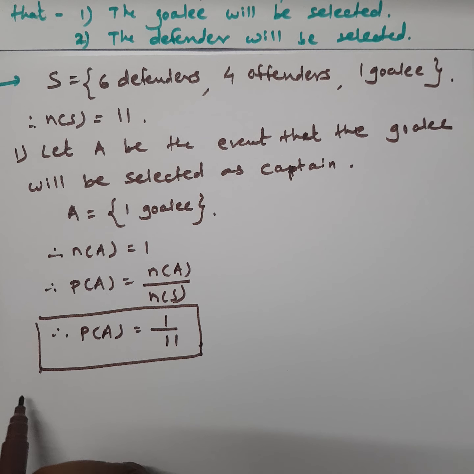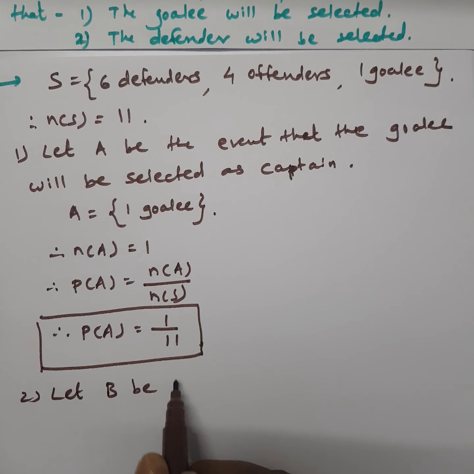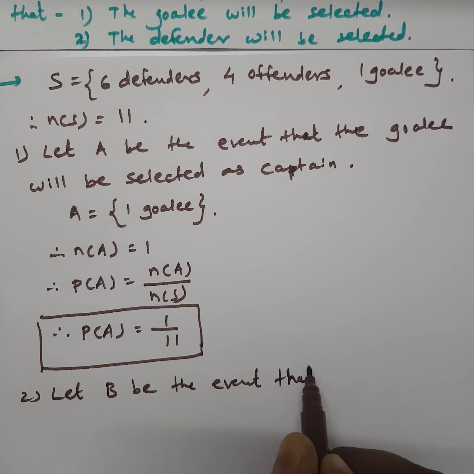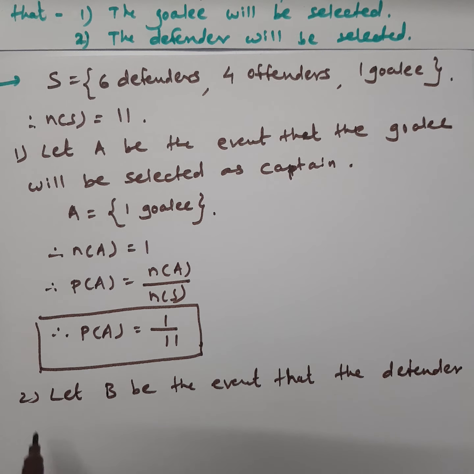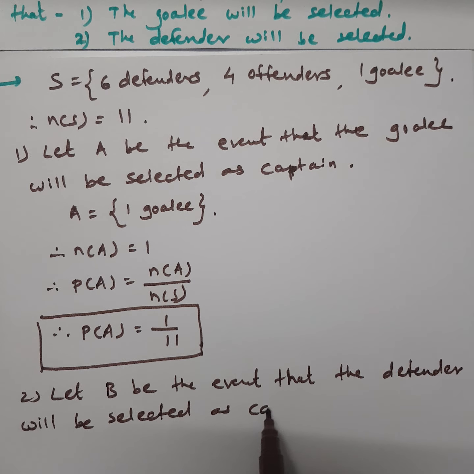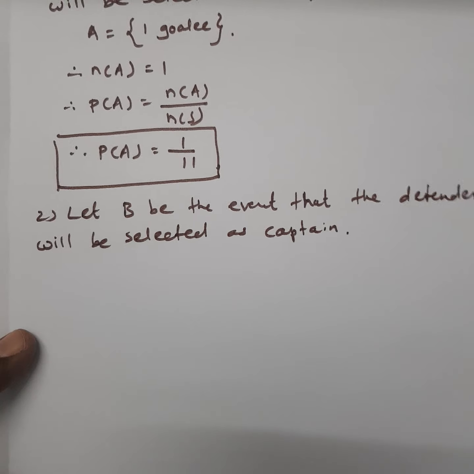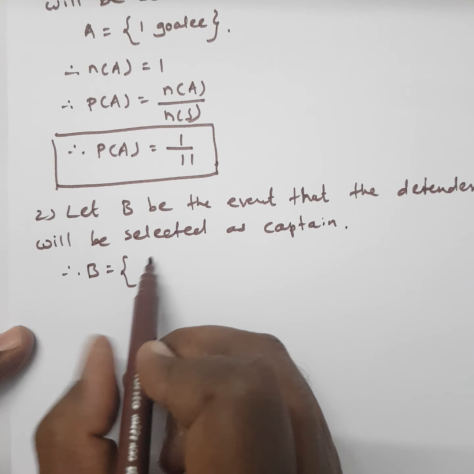Now, second, let B be the event that the defender will be selected as captain. Therefore, B is equal to, there are 6 defenders.